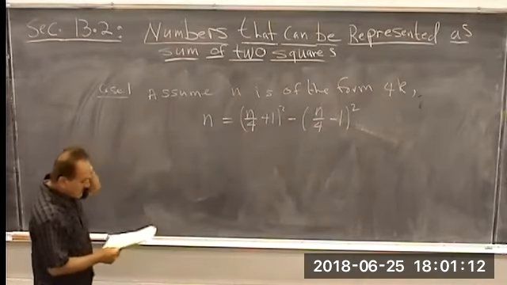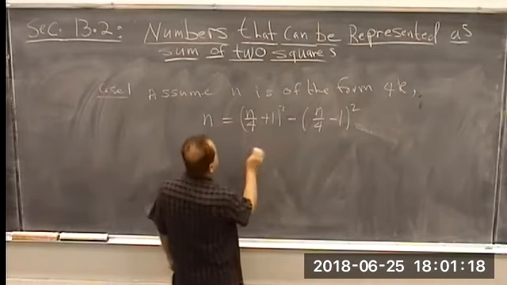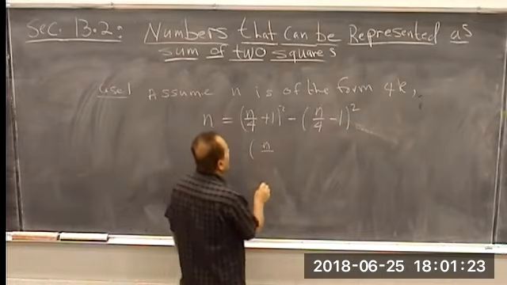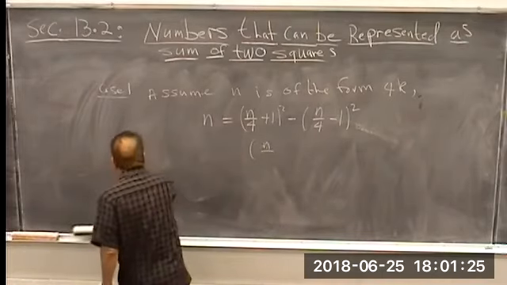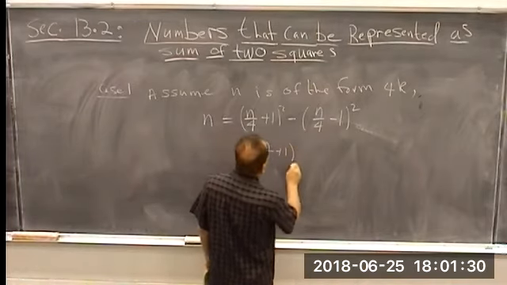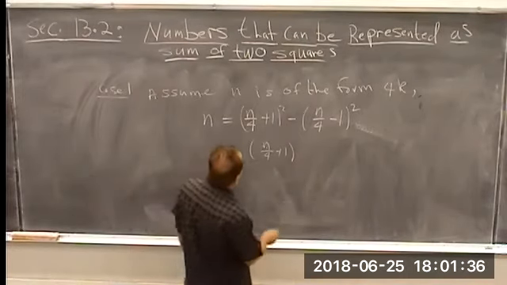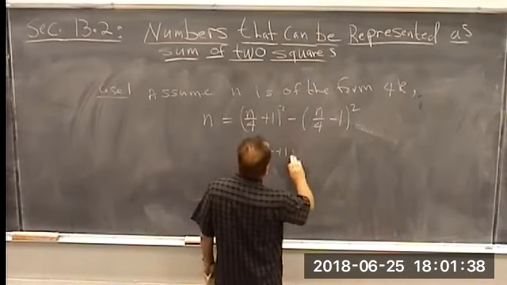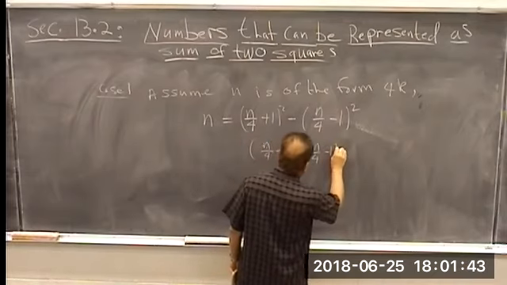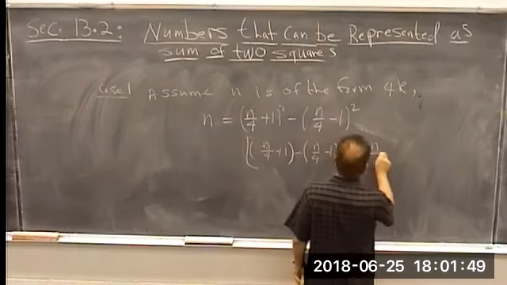And it's not very hard to check that this difference of 2 squares, if you factor it out as n, as a difference of 2 squares, all right? So this one minus the other one, multiplied by the sum of these.